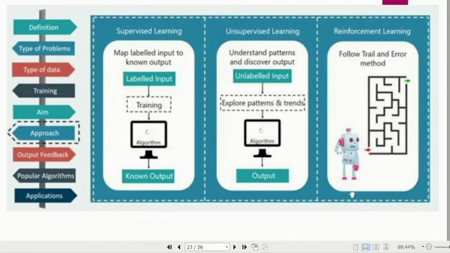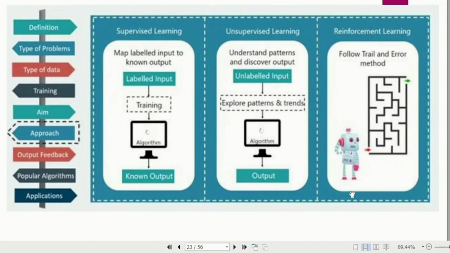The approach of supervised learning is that it has to map labeled input to the known output. It is already mapped over there at the training, an algorithm, and known output is given in supervised learning. On the other hand, in unsupervised learning, it understands patterns and discovers the outputs; unlabeled data is given to the machine.